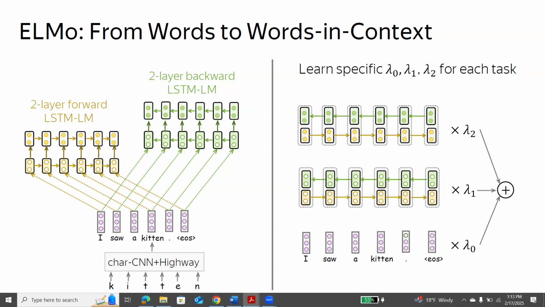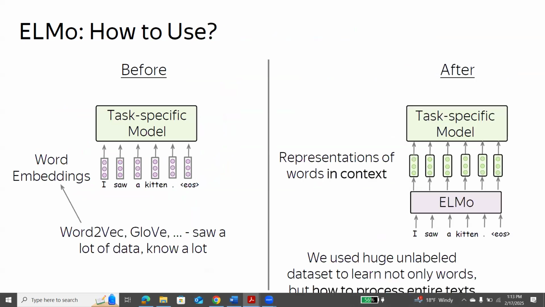It didn't affect translation because in translation they used the attention mechanism. So this was the first great idea, to use context-aware embeddings.